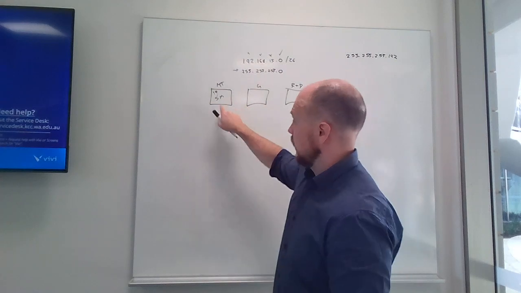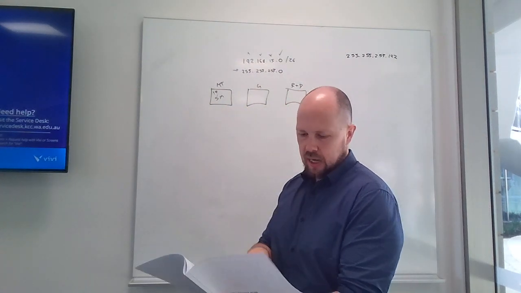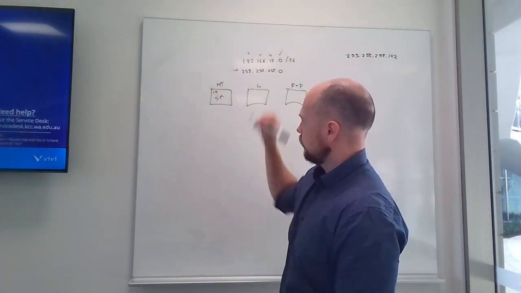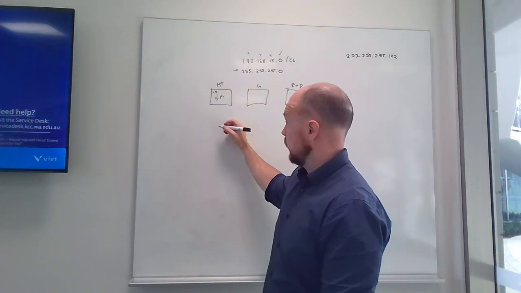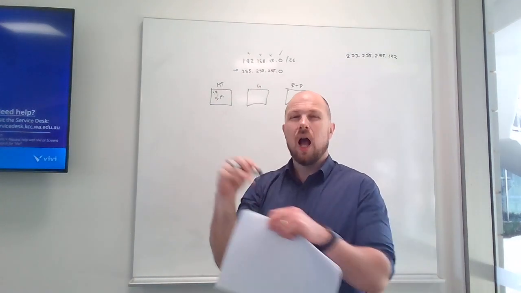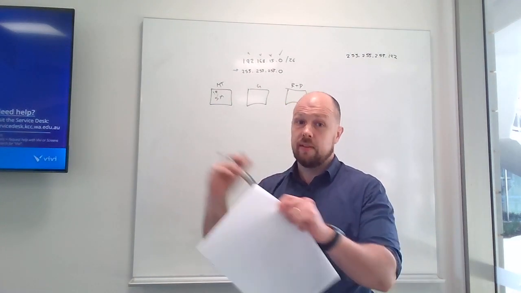All right, so our first subnet, this is the mission technician. The very first address on there is going to be our network address. This is the one that we can't use. It belongs to the network. It's not ours, but it still sits on there.